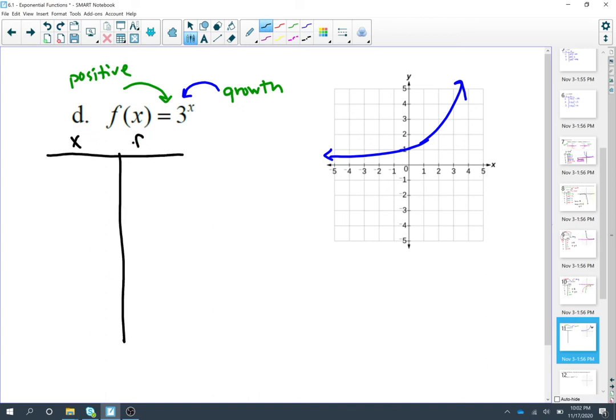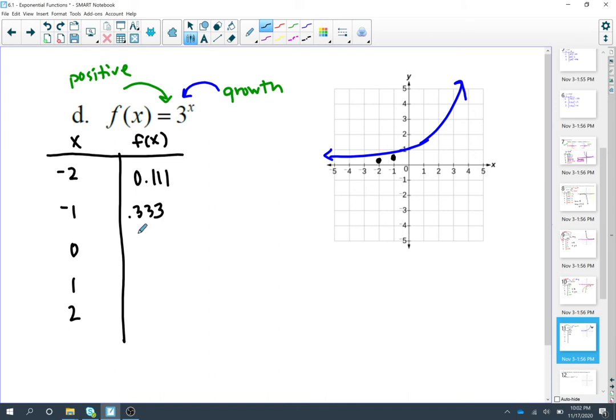X, f of x. -2, -1, 0, 1, 2. If I substitute in a -2, I'm going to get 0.111. So -2, about right there. Substitute in -1, 0.333, which is just a little bit bigger.